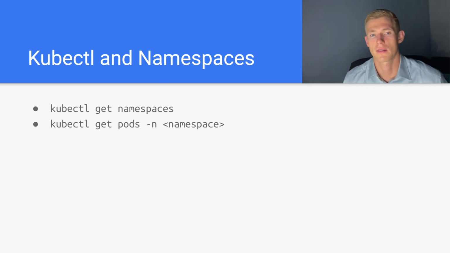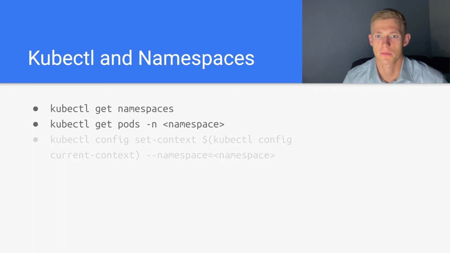So that may be the case if you're just doing a bit of local development, or you don't have a massive amount of resources in your cluster at the moment. You might have all of your resources deployed to the default namespace, but if you're already working with namespaces and you create a pod and then you go kubectl get pods and it doesn't come up, that's because you forgot to reference a namespace. So it's just something to keep in mind.